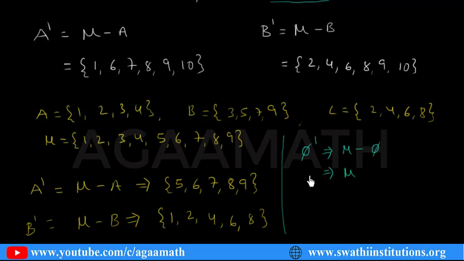So this is to be remembered: the complement of the empty set is the universal set. Then what is the complement of the universal set? It is mu minus mu, which is the null set. So the complement of the empty set is the universal set, and the complement of the universal set is the empty set.